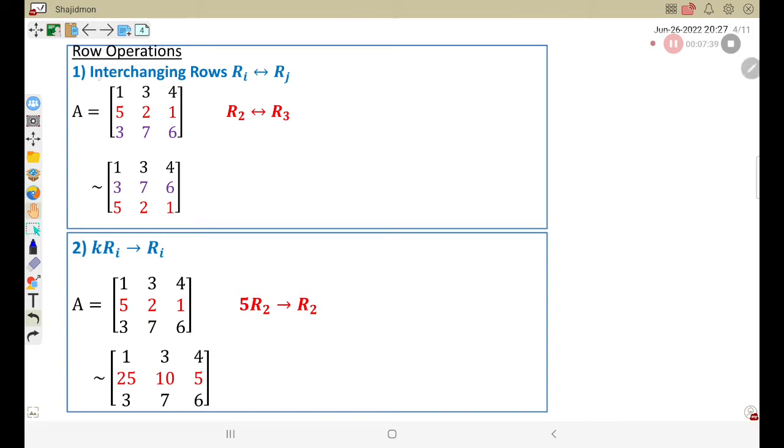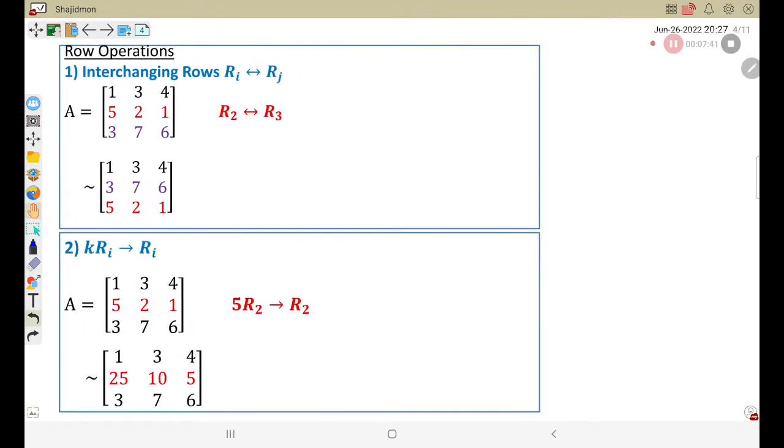The first row operation is interchanging any rows. Interchanging row Ri and row Rj. For interchange we use this double arrow symbol. For example, if you want to interchange the second row and third row, R2 interchange with R3. See here one matrix A equal to 1 3 4, 5 2 1, 3 7 6.